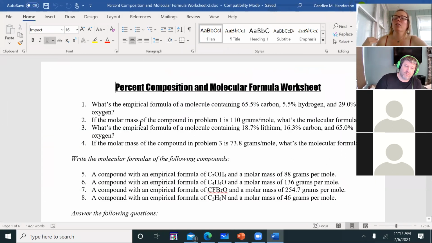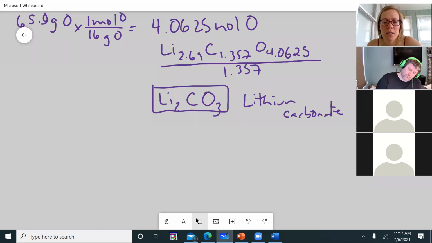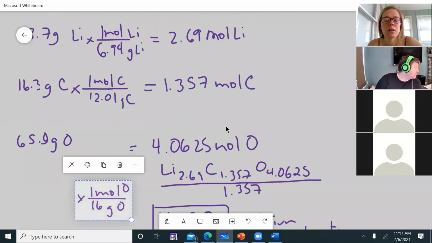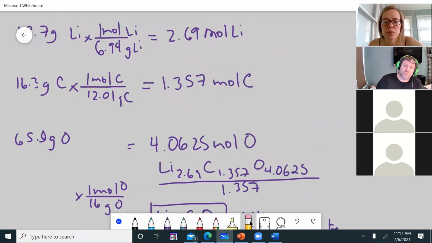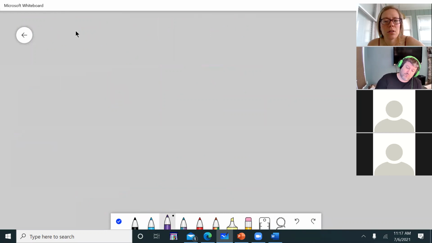This problem we were looking at earlier. So this empirical formula for the carbon, hydrogen, oxygen mix, I don't even remember what it was. James, was it C3H3O?